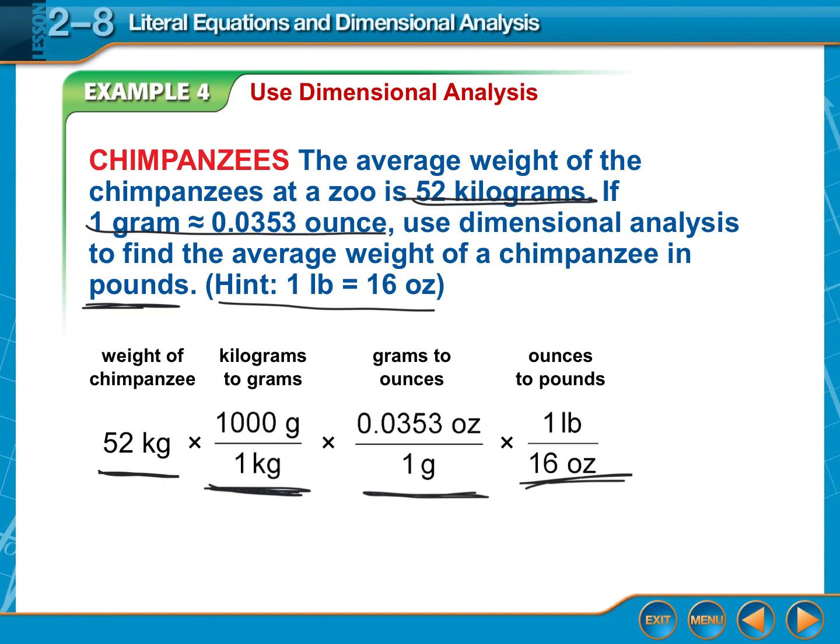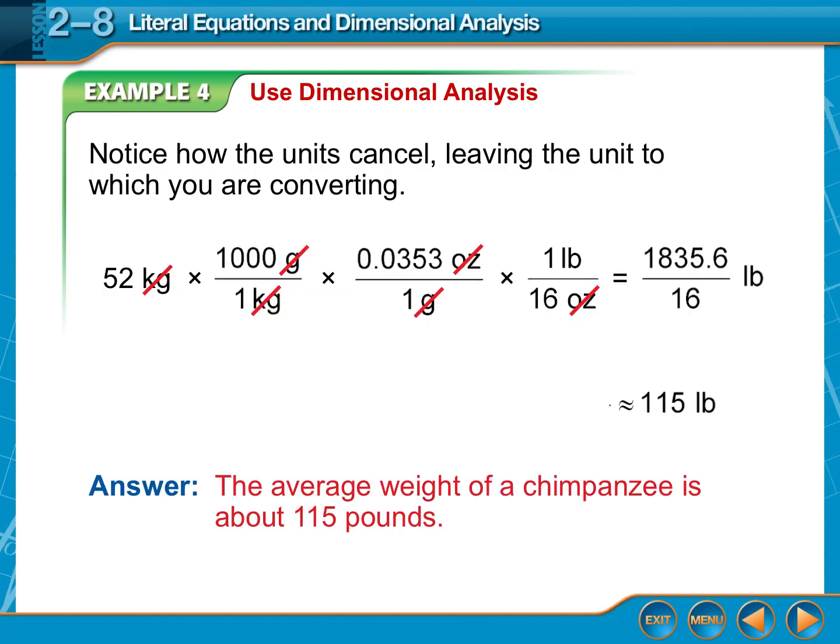What happens with all the grams and the ounces and all of that? Simplify. How does it simplify? Remember, this treats it as over 1. What happens to the kilograms here and here? They go bye-bye.